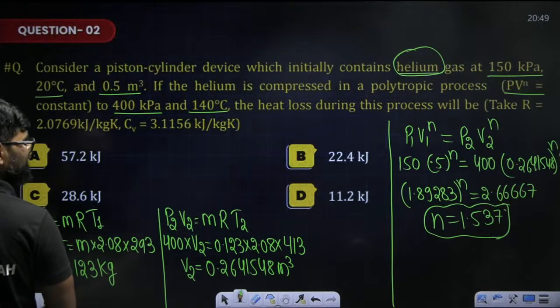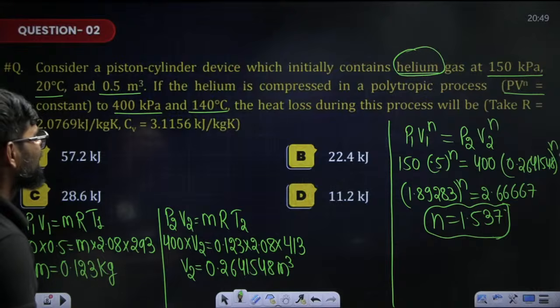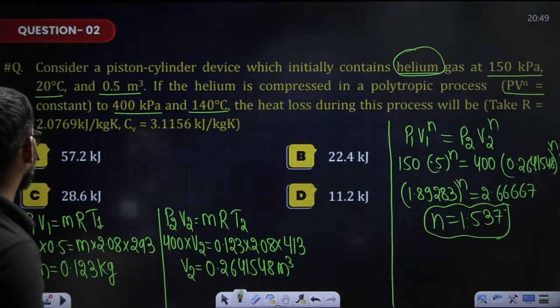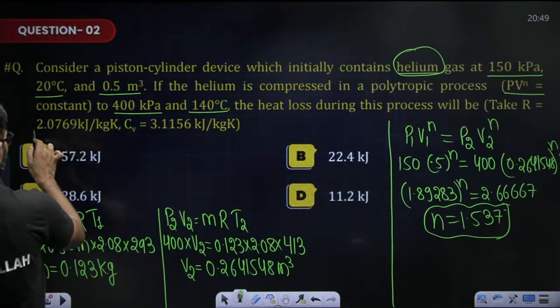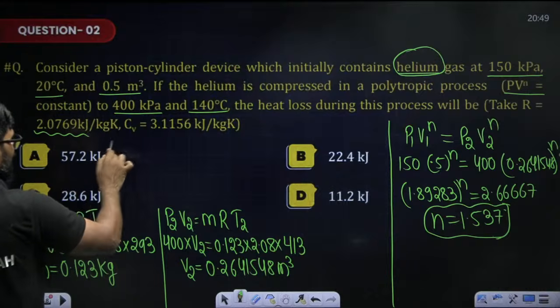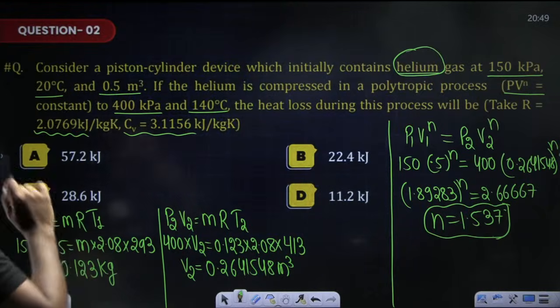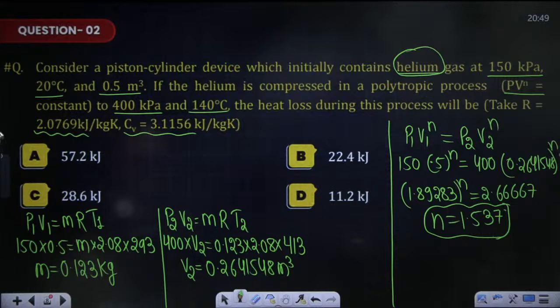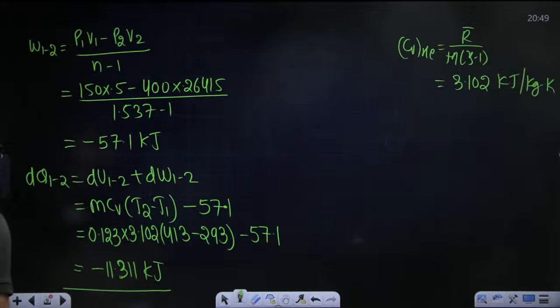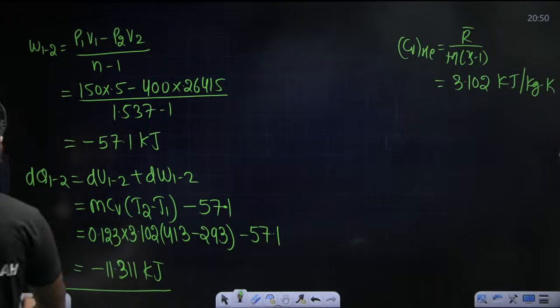Heat loss they are asking, right? Oh, sorry. I have taken here 2.08 and here I have taken 3. Where is the mistake? Four one three.